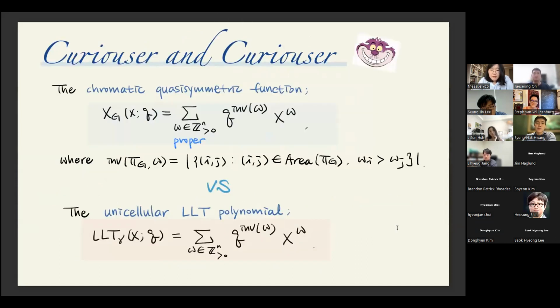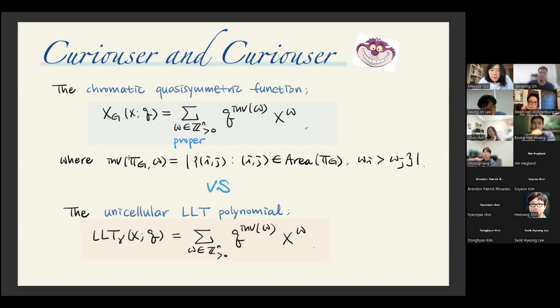Now we've seen two symmetric polynomials. One is the chromatic quasisymmetric function, and the other one is the unicellular LLT polynomial. Now I computed both polynomials over a Dyck path, and I used the ascent statistic to define the chromatic quasisymmetric function, but to make the two polynomials similar, I'll use this inversion statistic instead of ascent.